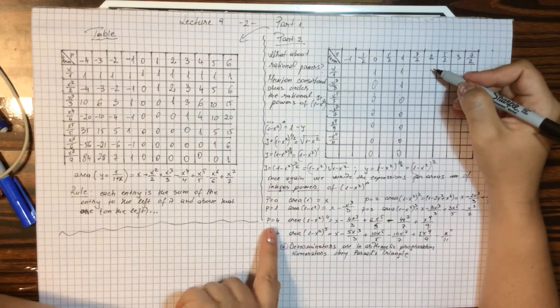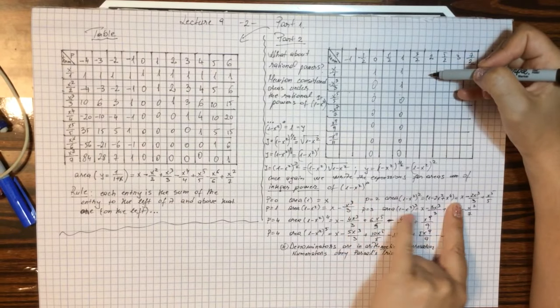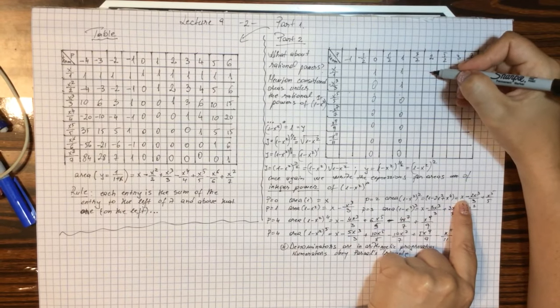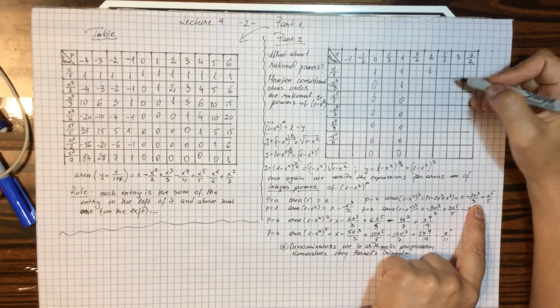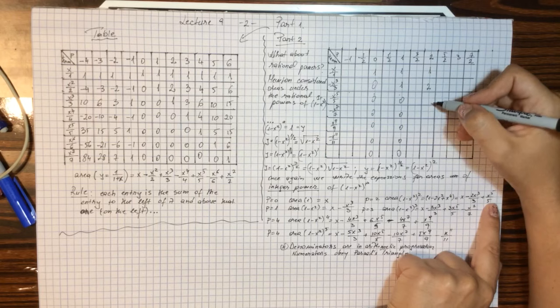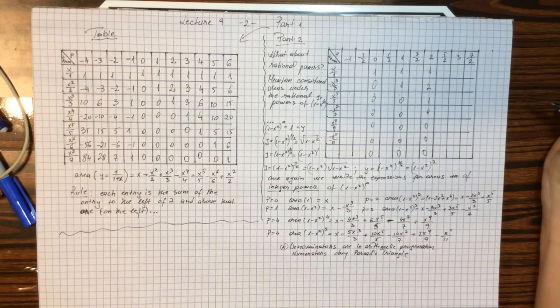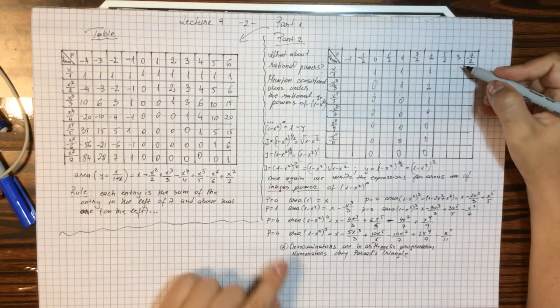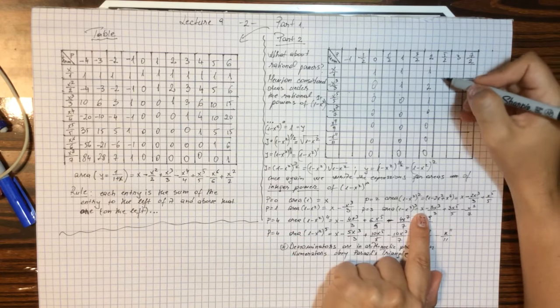So for p equal to 2, the coefficient of x is 1. Coefficient of minus x to the 3 over 3 is 2. Coefficient of x to the 5 over 5 is 1, and there are no other terms, so I write 0. For 3, the coefficient of x is 1.